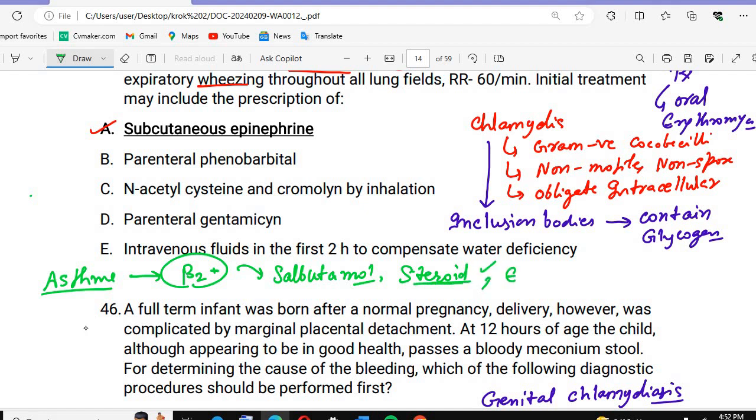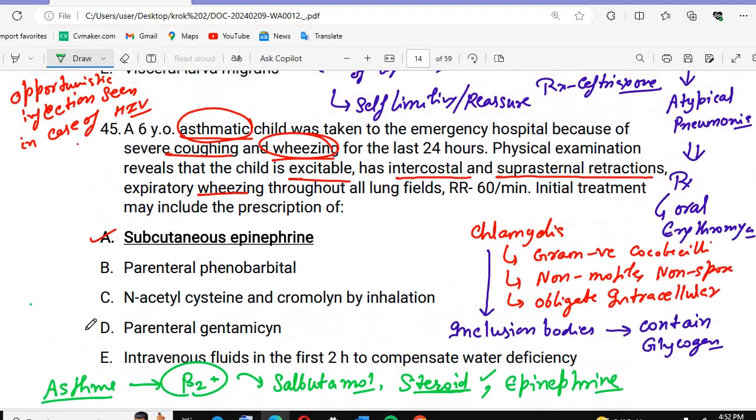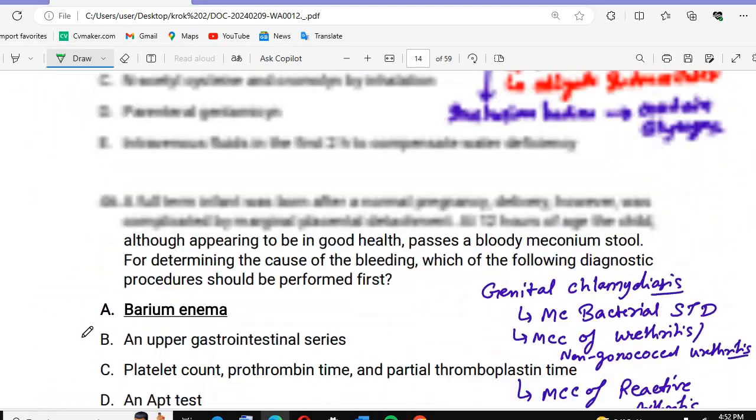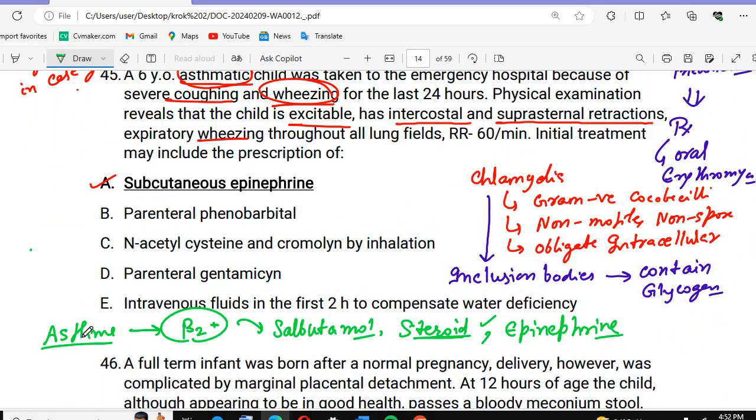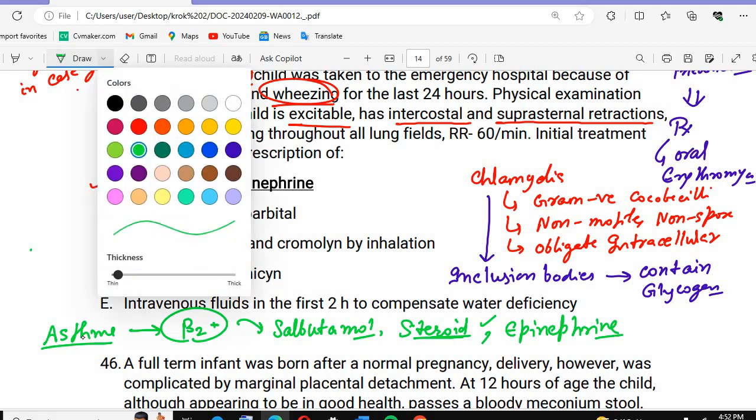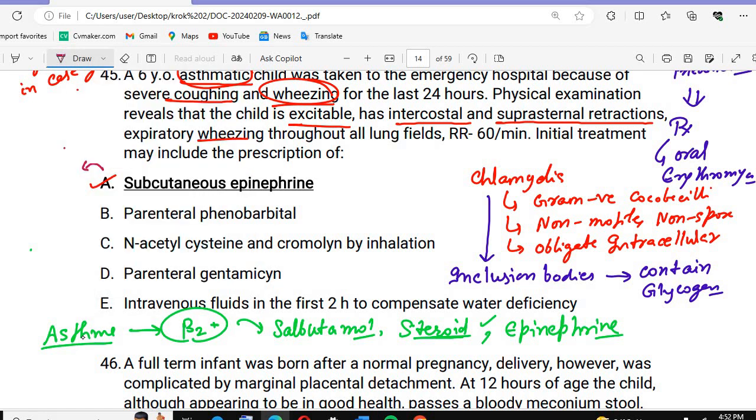Along with that you are getting epinephrine here. Epinephrine or norepinephrine, I hope you all remember that epinephrine stimulates all the receptors: alpha 1, alpha 2, beta 1 and beta 2.